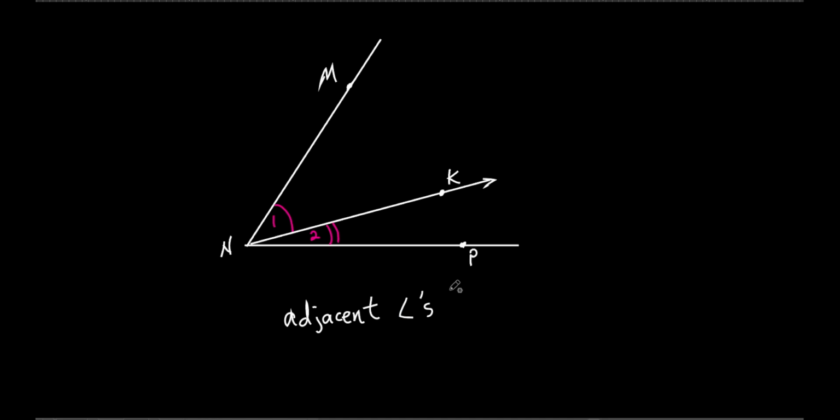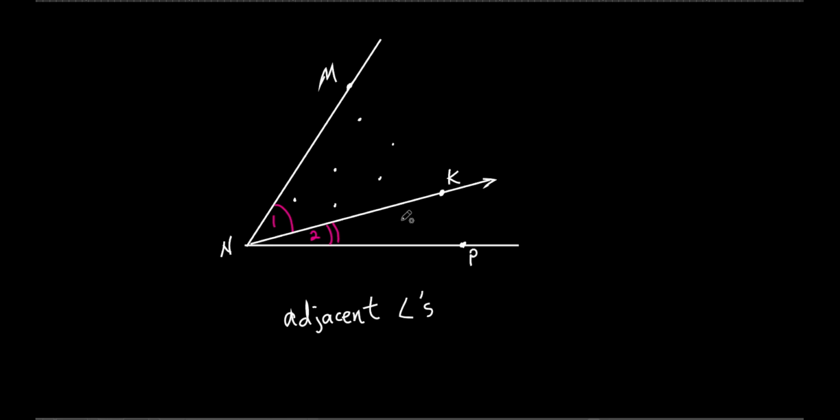Let's see, I didn't even write that down. Oh, there it is. But it can have no common interior points. Do you hear what I just said? They cannot have any common interior points, so they can't share any interior points. So where are my interior points to angle 1? Well, they would be here, here, here. I could do this all day, couldn't I? Those are the interior points of there.